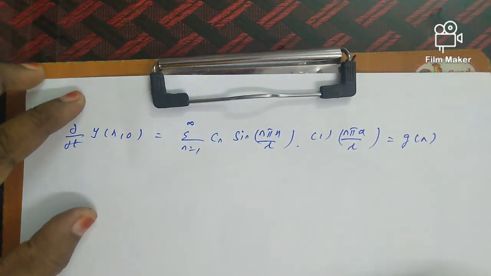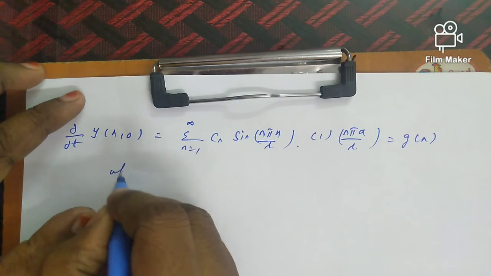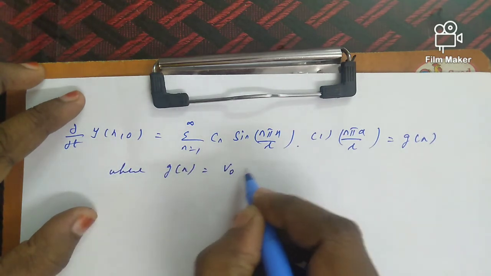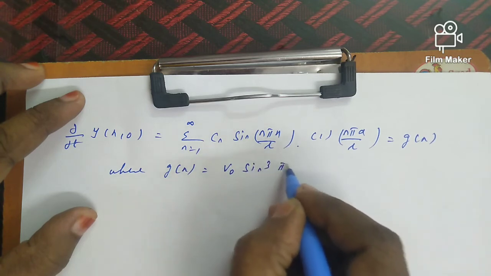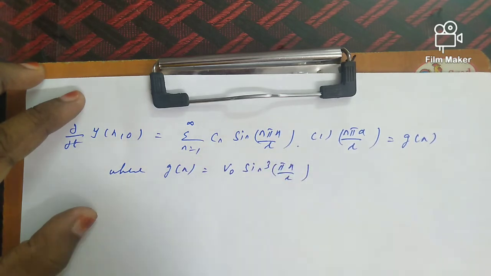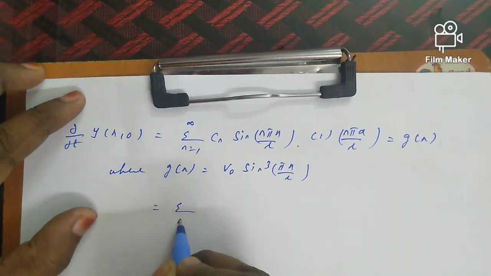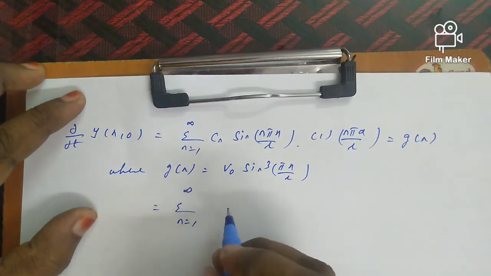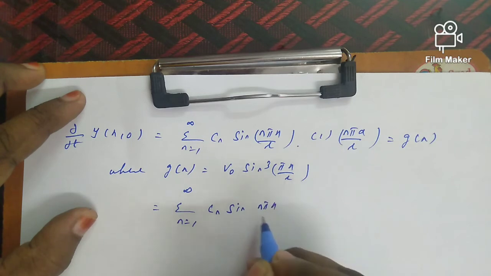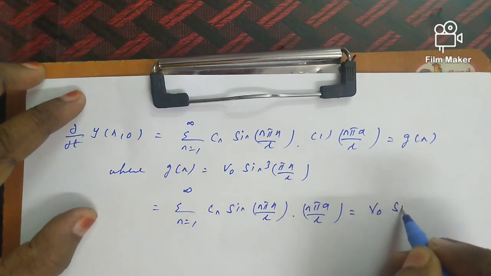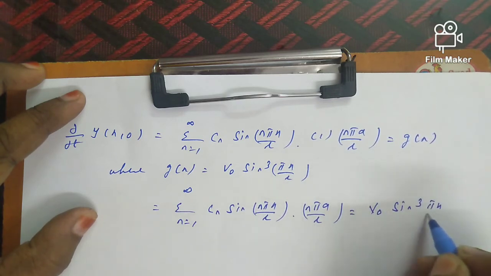That is what is given in the question, where we have taken g of x as v0 sin cube pi x by L. This function is given in the question itself. So which implies sigma n equal to 1 to infinity Cn sin n pi x by L into n pi a by L equal to v0 sin cube pi x by L.